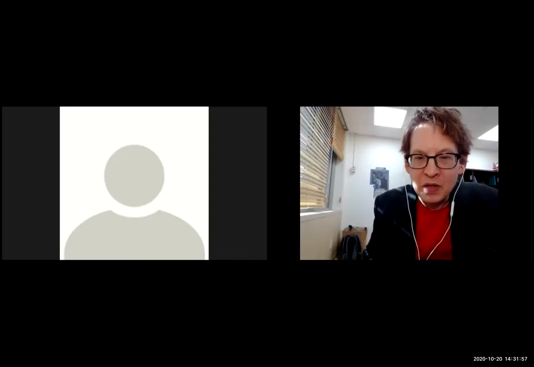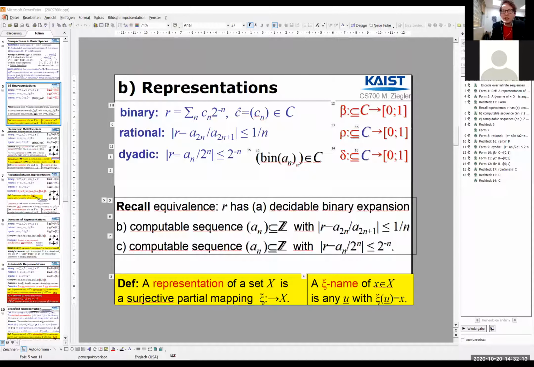We need to talk about encodings only when we are dealing with other spaces, and we have learned how to formalize such encodings, namely the technical term is a representation.